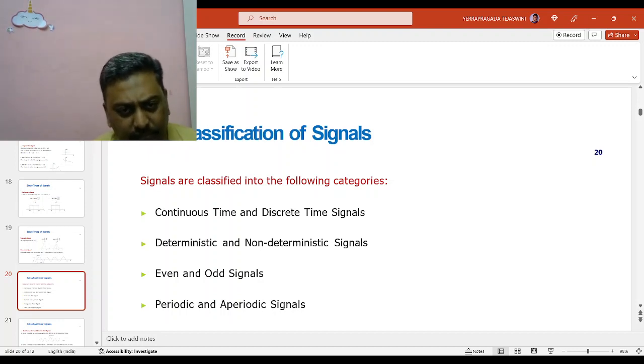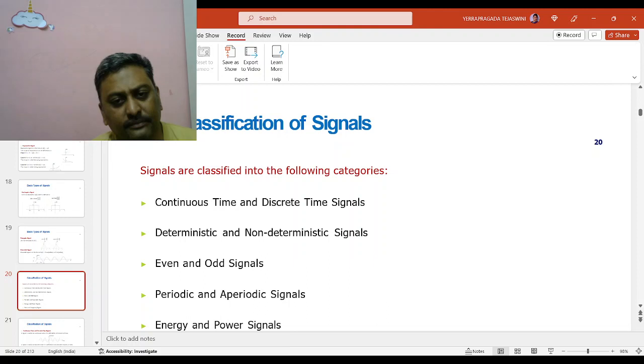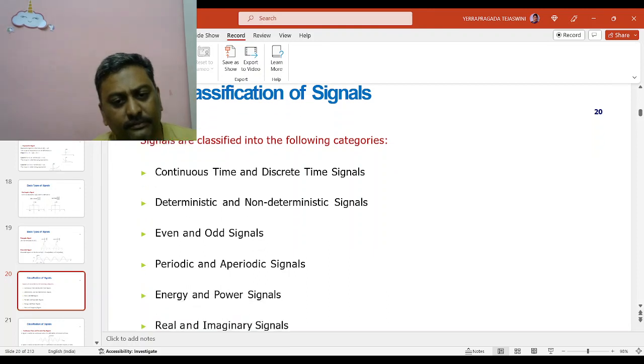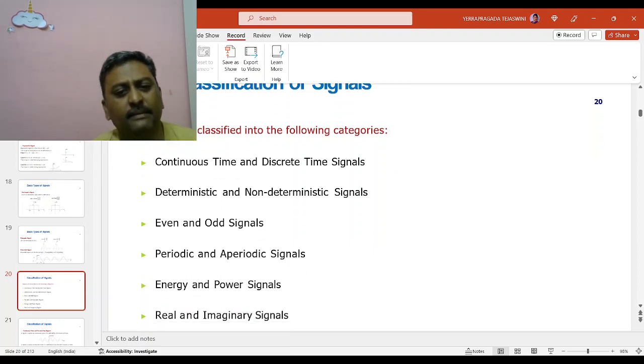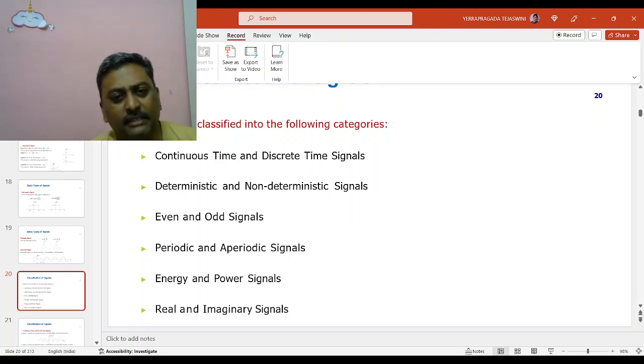Now we need to focus upon deterministic and non-deterministic signals, even and odd signals, periodic and aperiodic signals. Next, energy and power signals and real and imaginary signals. For imaginary signals, a real component and an imaginary component will be there, and energy and power signals will be there.